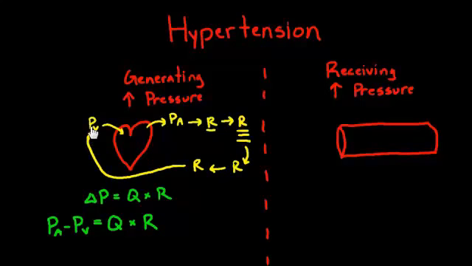So there's resistance in the circulatory system, and there's a flow of blood that you're trying to move around, right? So anything at all that increases the resistance or increases the flow is going to force the amount of pressure you have to put in on the arterial side to go up.